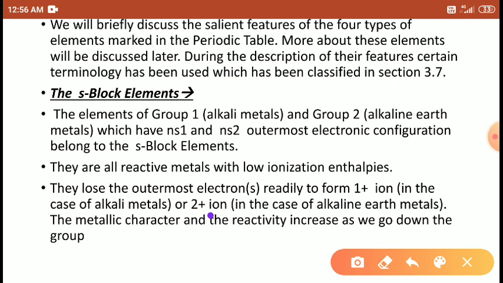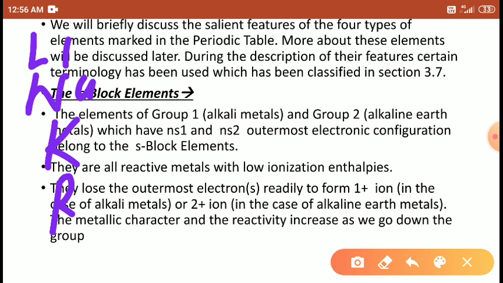All the group 1 and group 2 elements have metallic character. Reactivity increases down the group. These elements are lithium, sodium, potassium, rubidium, cesium. They are all metals, which means they easily lose electrons, and they have a lustrous property.